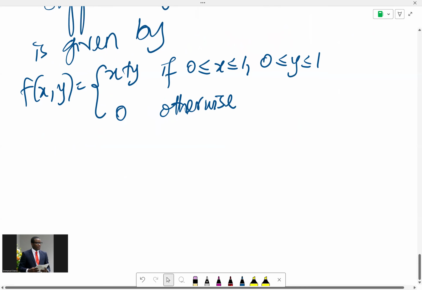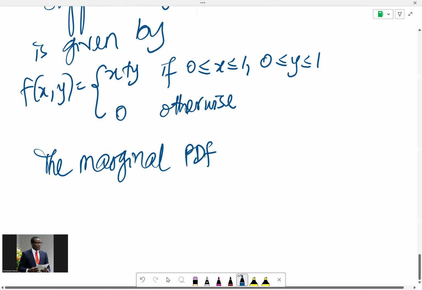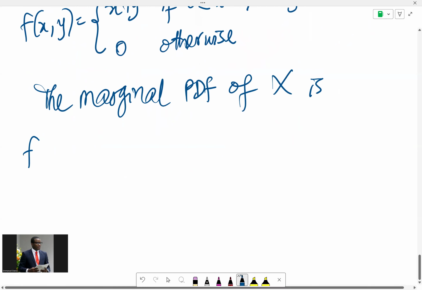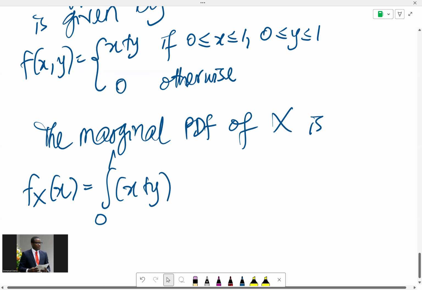Okay. So the marginal PDF of x, f of x, is the integral from 0 to 1 of x plus y, the function itself now, between 0 and 1.